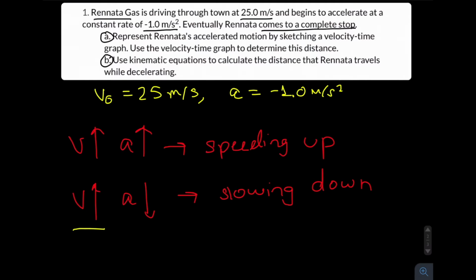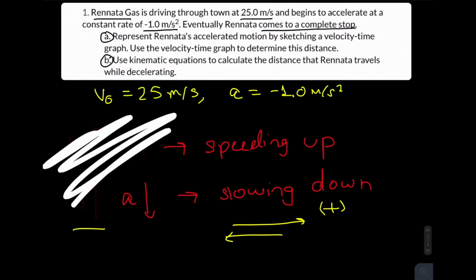Like in this example, it's going 25 meters per second to the right, or let's say my reference frame is to the right, and their acceleration, however, is in the opposite direction. That means they're slowing down. Their acceleration is opposite to the motion of the object, so they must be slowing down.